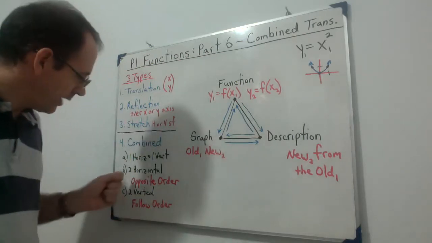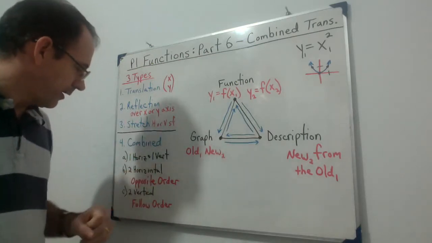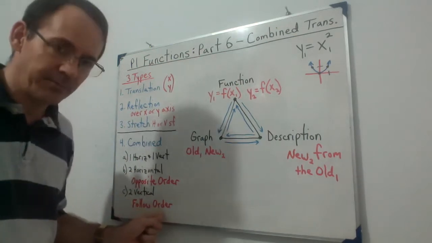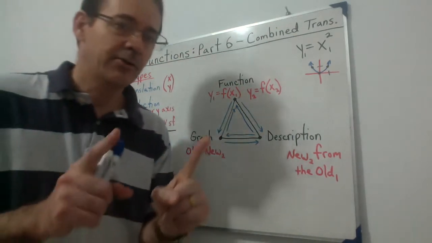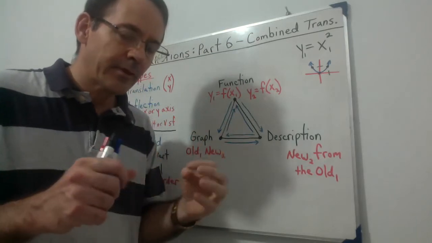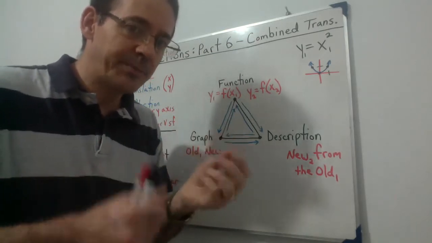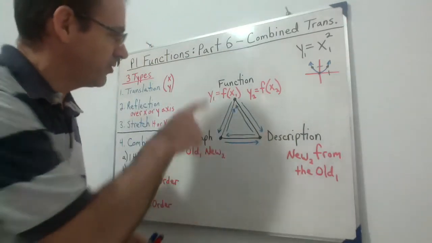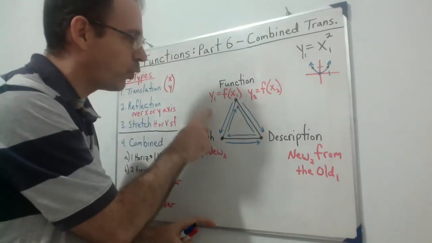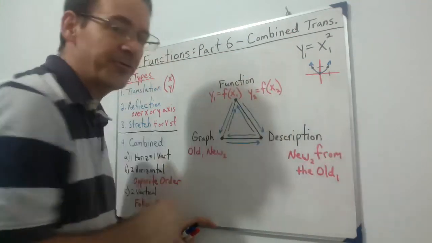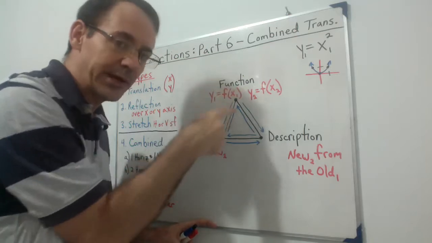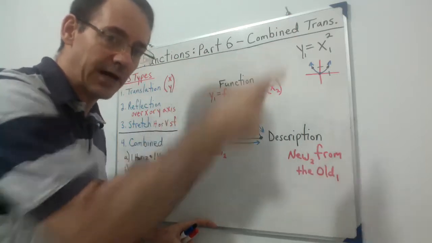However, if you have two, let's start with the two vertical. If you have two vertical combinations, remember the vertical is with respect to the y variable. Your y variable is vertical, okay? So if you're solving for y, whatever your function is, you're going to follow those operations in order of operations.